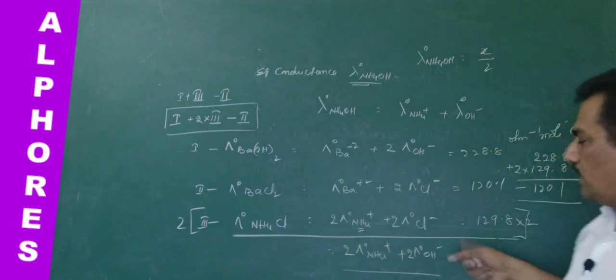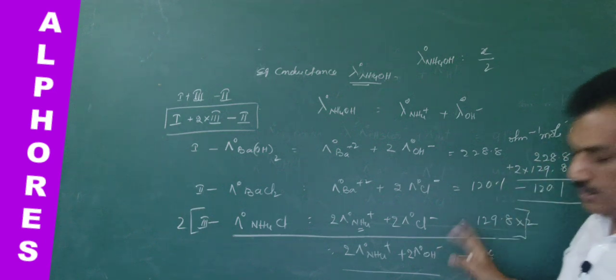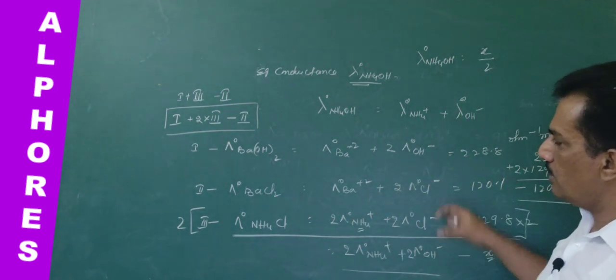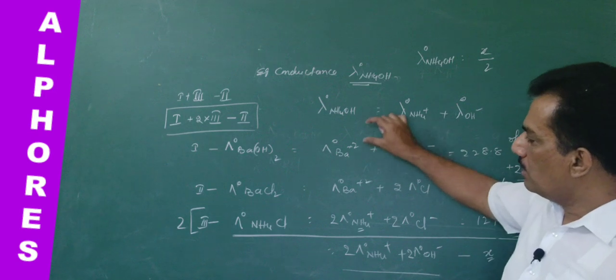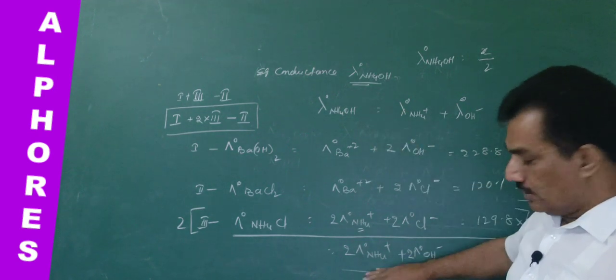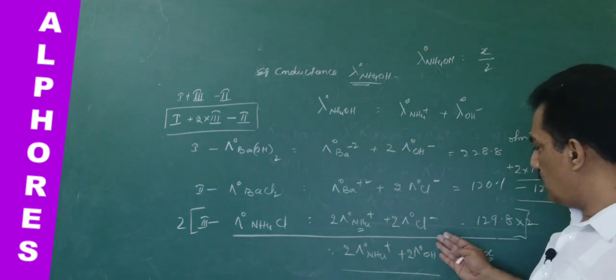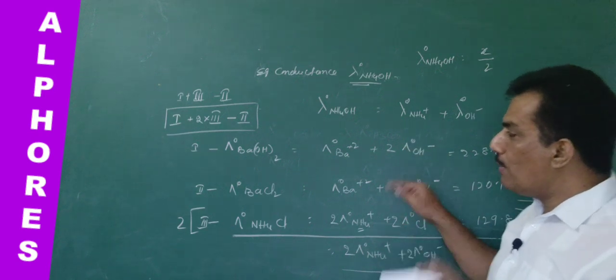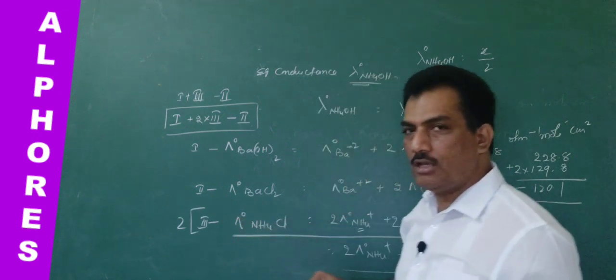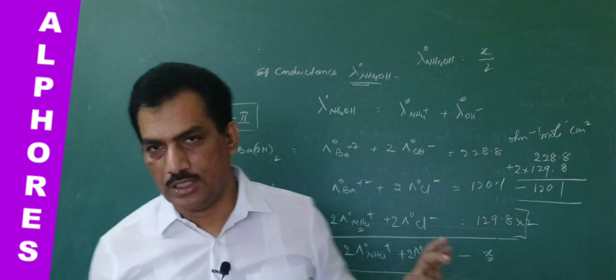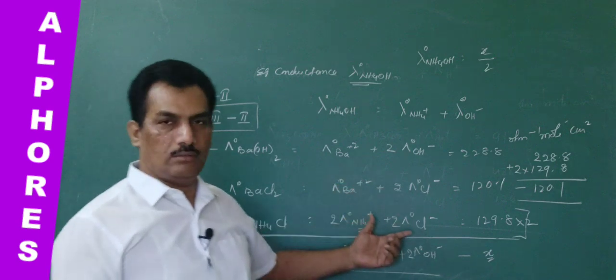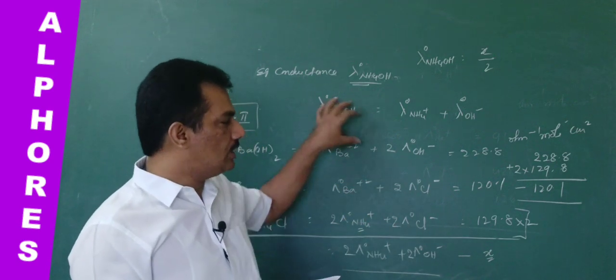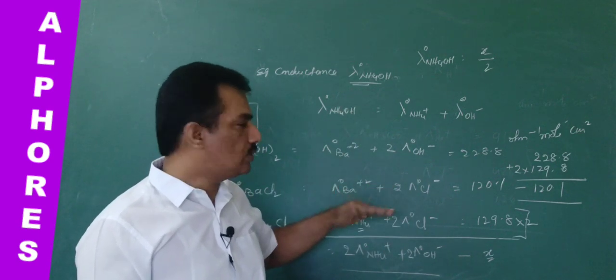Just solve that numerical part. Clear? Again I am repeating, in this model, when we are getting the required ions by cancellation, if the number of ions to be cancelled is not equal, you can multiply that particular equation so as to get cancellation. That is the logic. In this model of question, they are testing whether you are able to cancel.